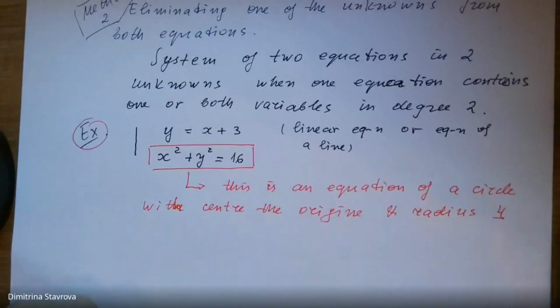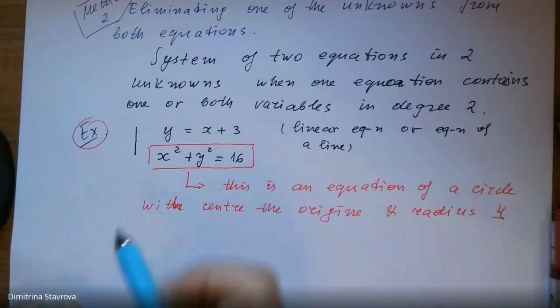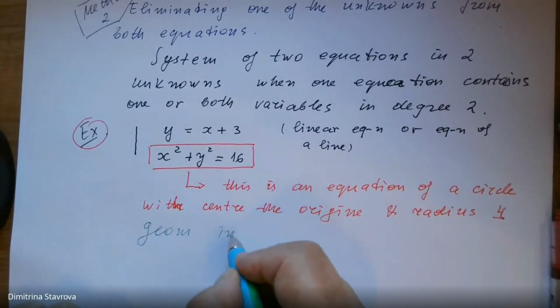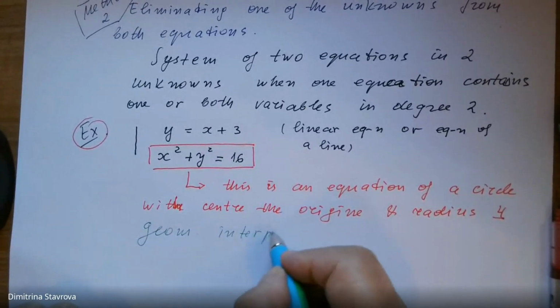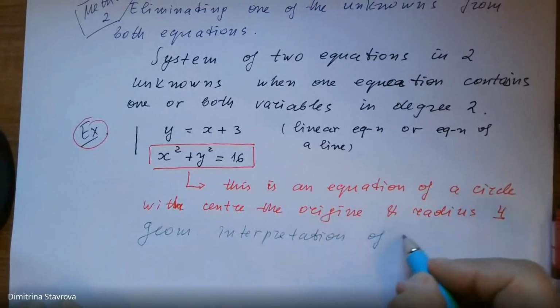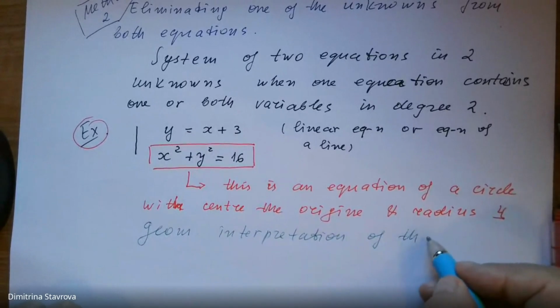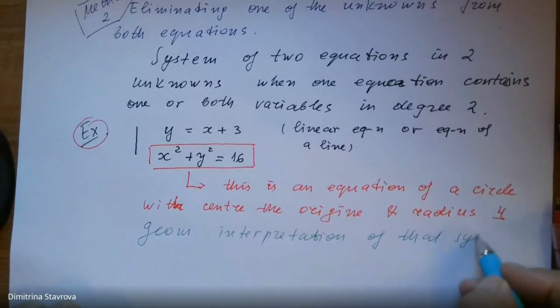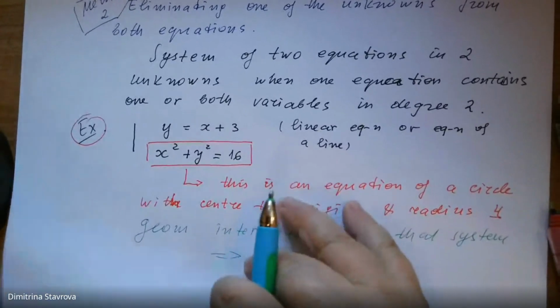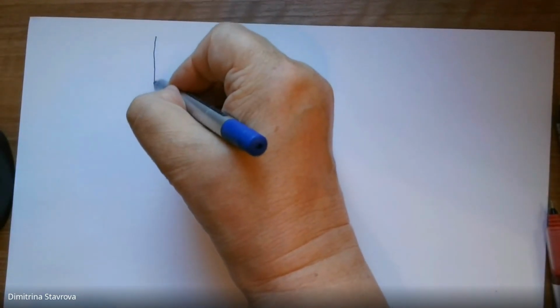Then the geometrical interpretation of that system will be the following. We take, of course, one coordinate system.